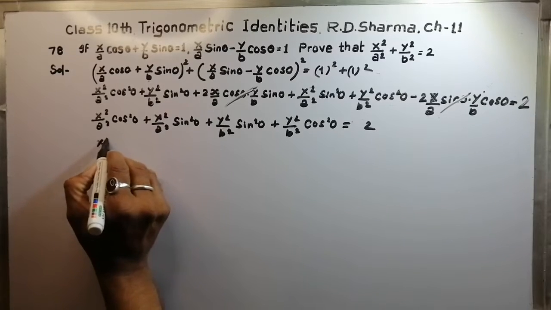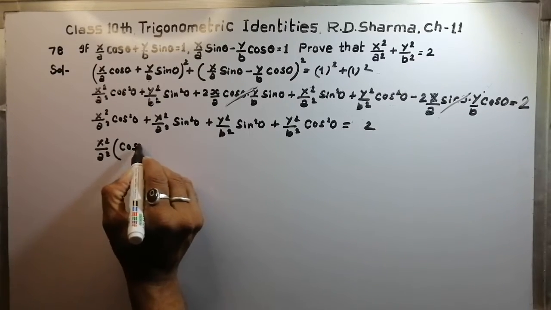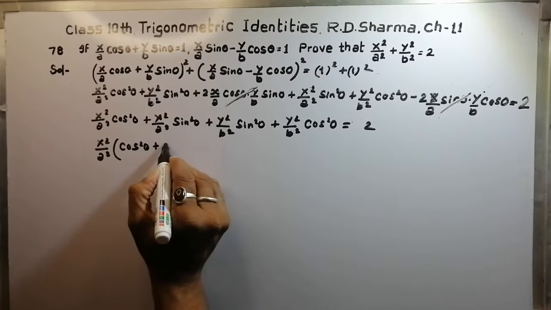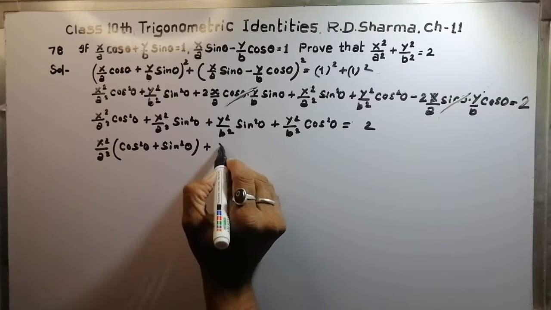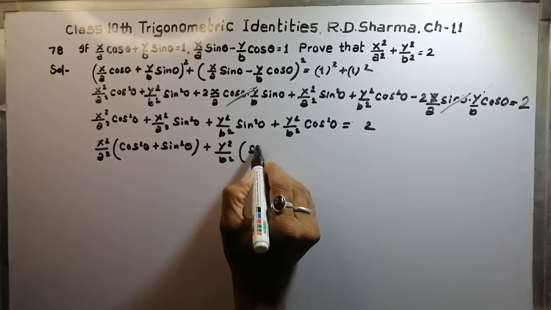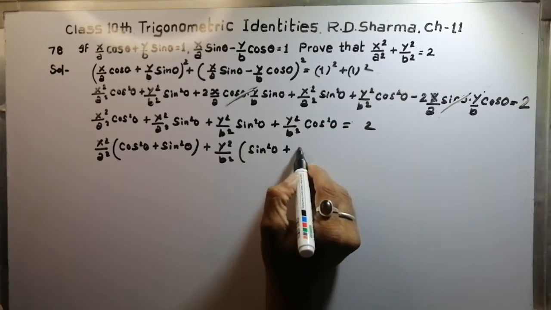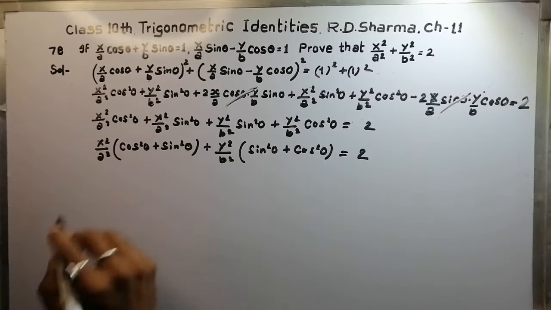And if we take common here x square by a square, we get here cos square theta plus sin square theta. And if we take common here y square by b square, we get here again sin square theta plus cos square theta, which will equal to 2.